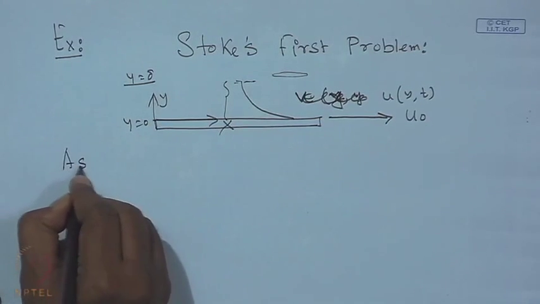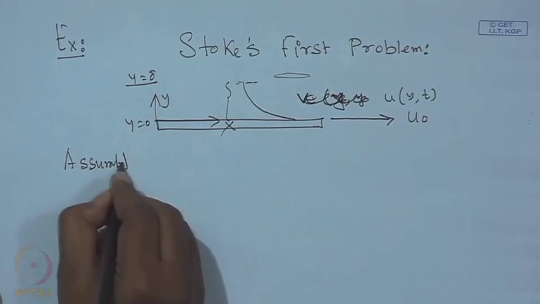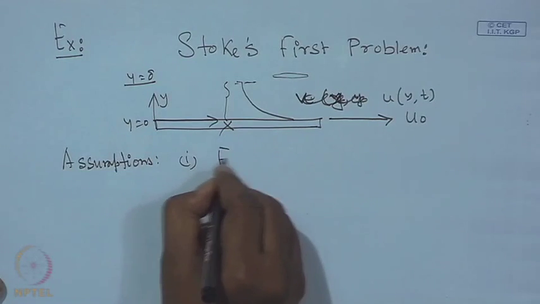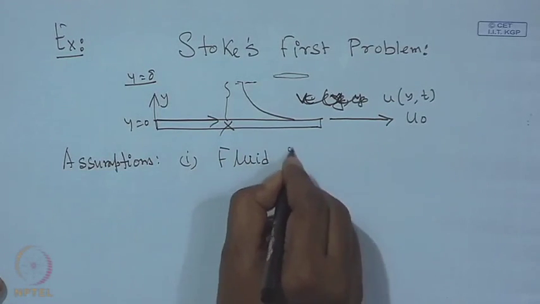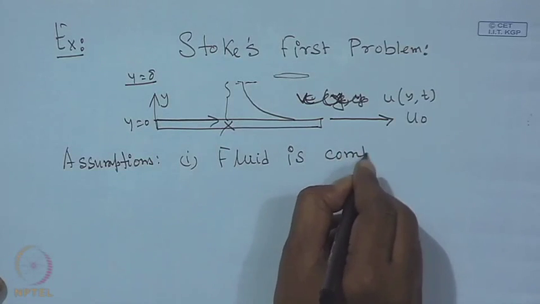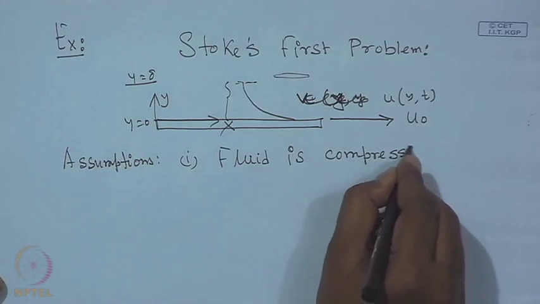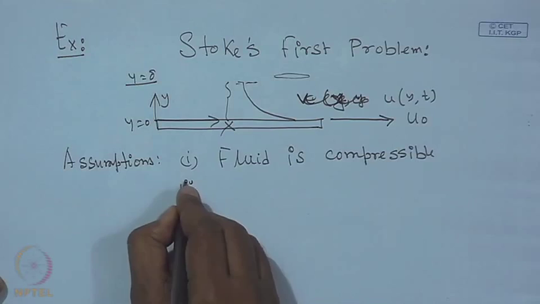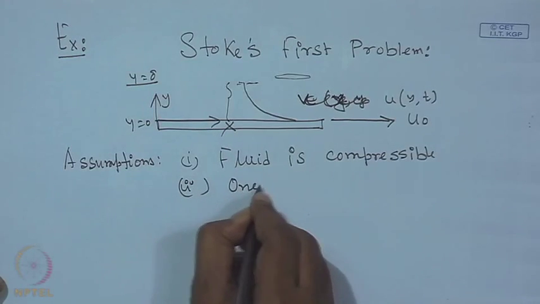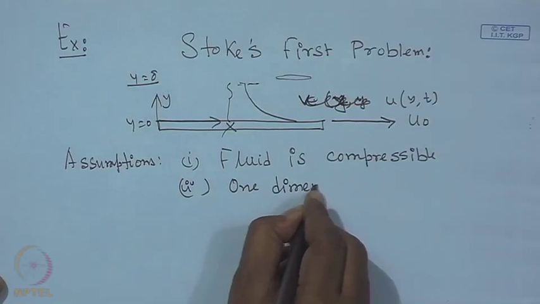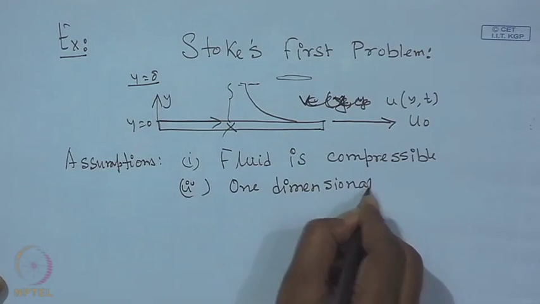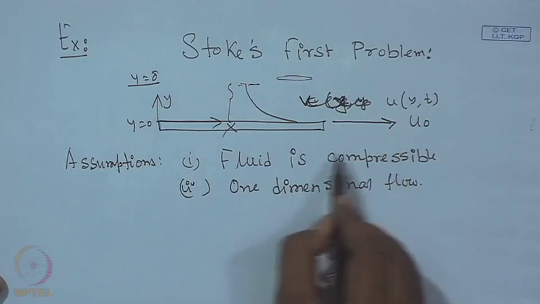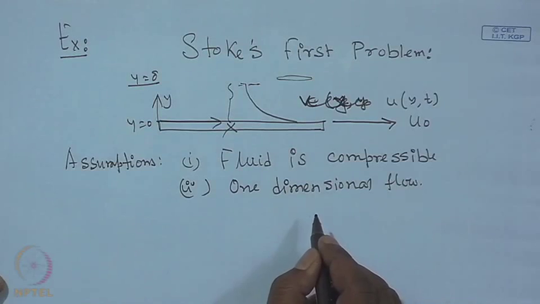Now, we have some assumptions. The assumptions are: the fluid is incompressible, that means density is constant. Second, one dimensional flow. Since the velocity is in the positive x direction, the velocity in the y direction does not exist.